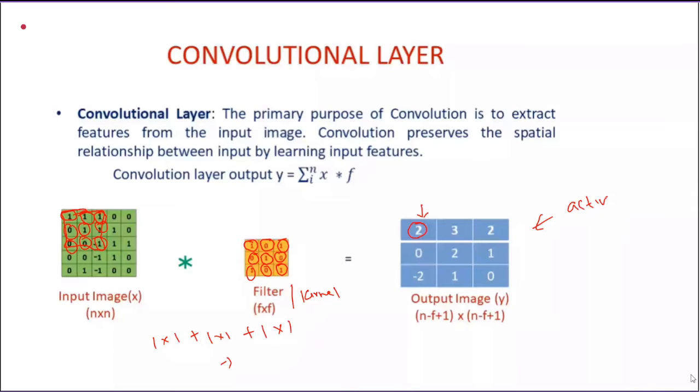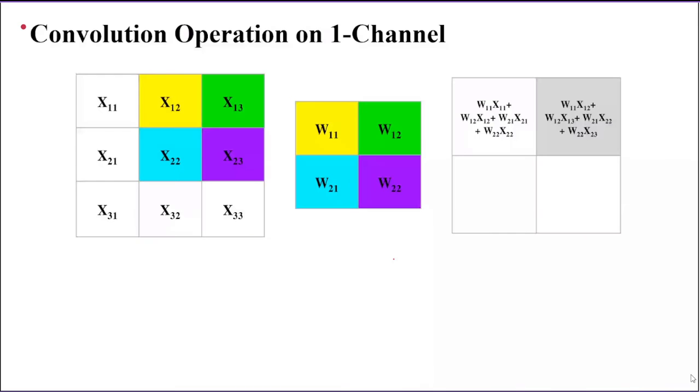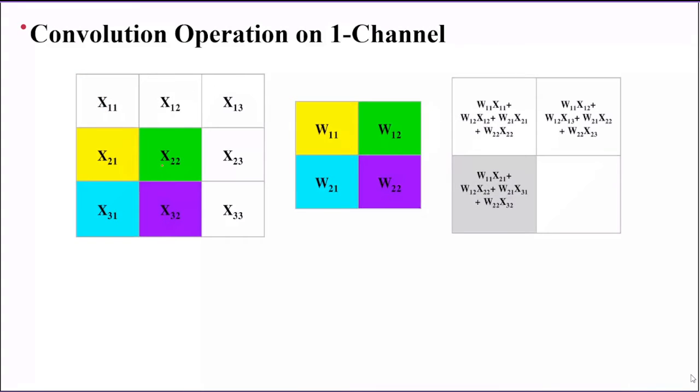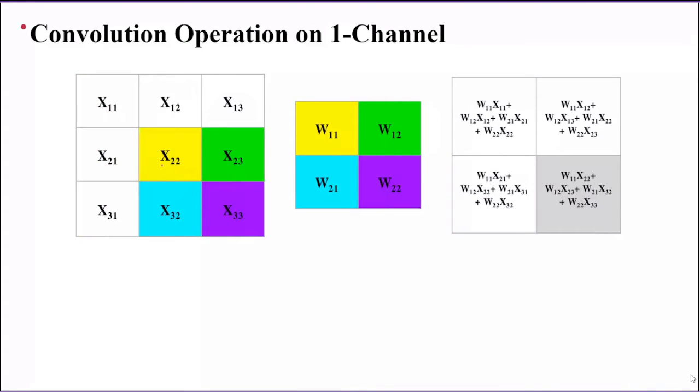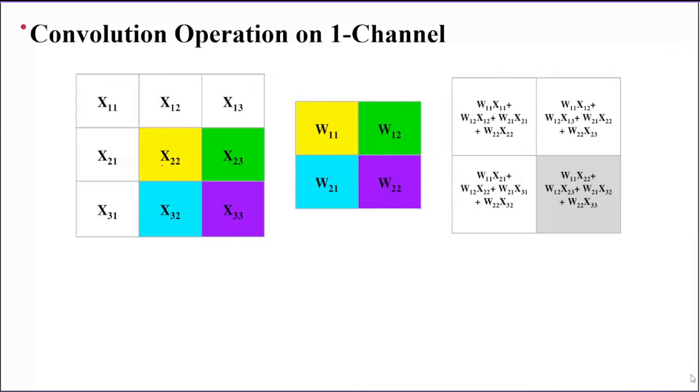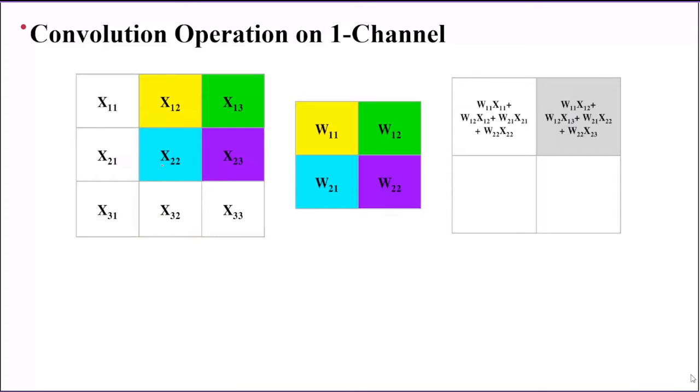For better understanding, I will show you one file so that it will be easy for you to understand. You can see here the weight or the filter or the kernel is placed on the image, where it slides from left to right and from top to bottom, resulting in an activation map.